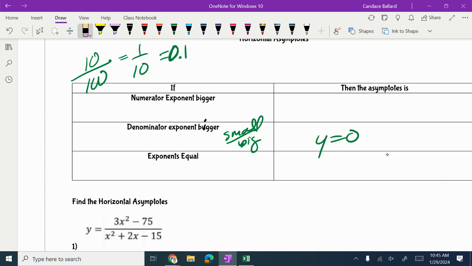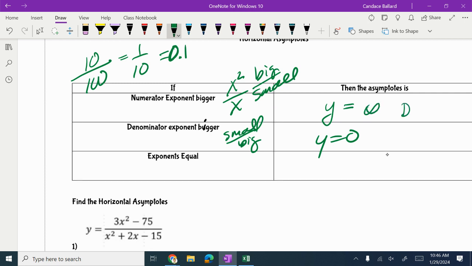If the numerator exponent is bigger, say I had x squared over x, I've got the big one divided by the small one. My numerator is growing faster than my denominator, so it's going to be a big number on top. The asymptote is either y equals infinity or it does not exist.